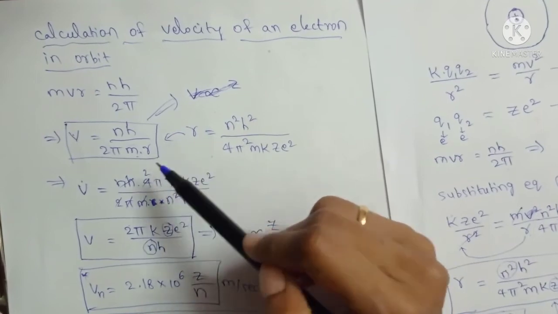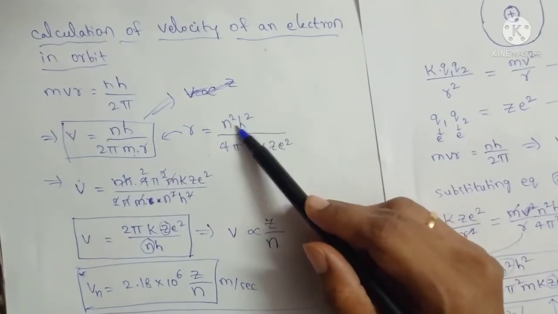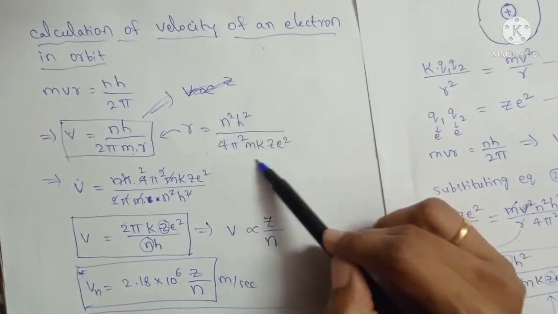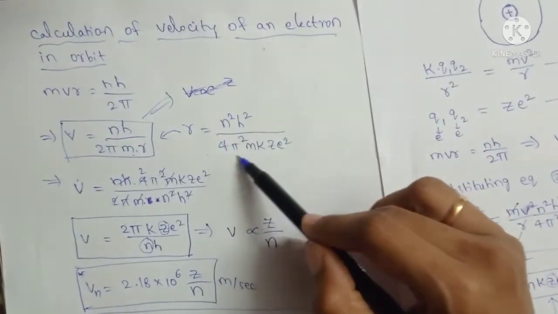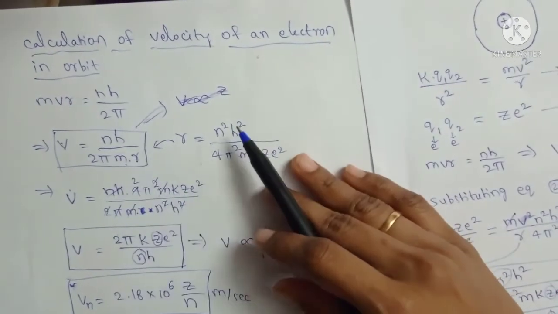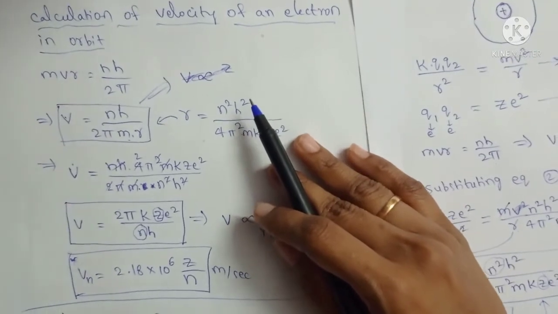The radius equation we have just derived, that is n square h square by 4 pi square m k Z e square. By substituting this radius value in this velocity equation, we will get the final equation of velocity.